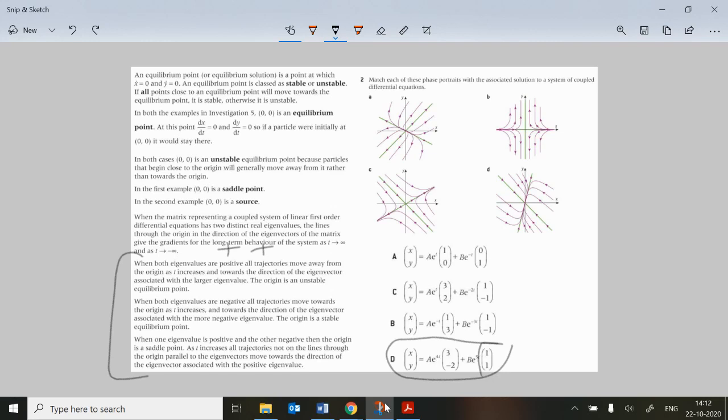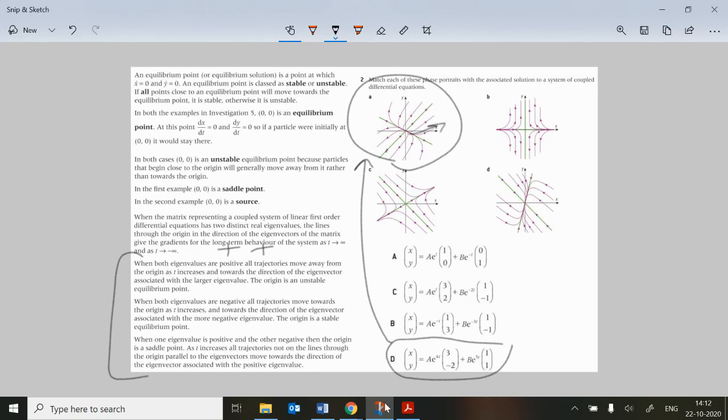So this is one of our directions, so we can easily see which one this is going to be because that's 1, 1. It's got to be this one here. And 3, minus 2 gives us the gradient of minus 2 over 3, which is this one here. So that's fine. So I know that D goes with A, and I know we've got two positive eigenvalues there. And so it says that we move away from the origin.